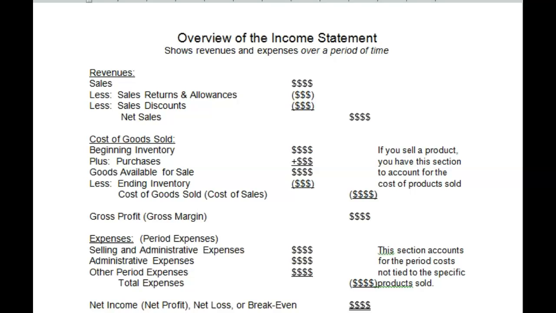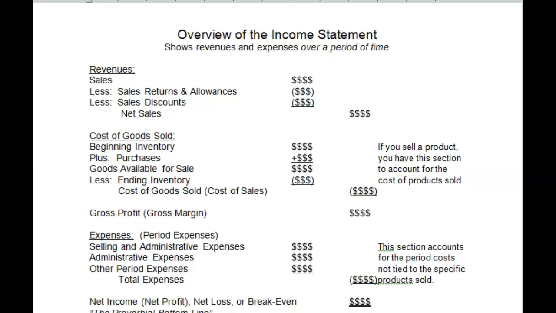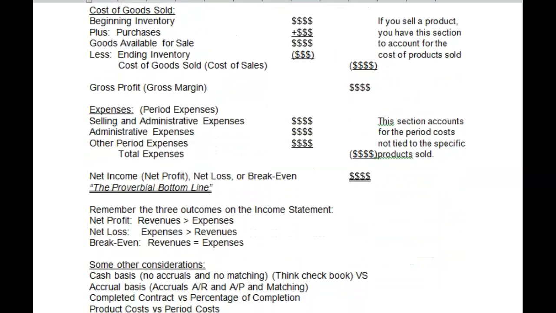And so under expenses, we're going to subtract out the selling and general administrative expenses, and then other period expenses. Subtract that from the gross profit, and we're going to get the proverbial bottom line, the gross margin minus our period expenses, which is going to give us either net income, net loss, or a break even.